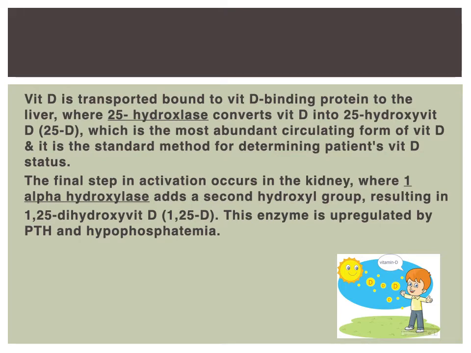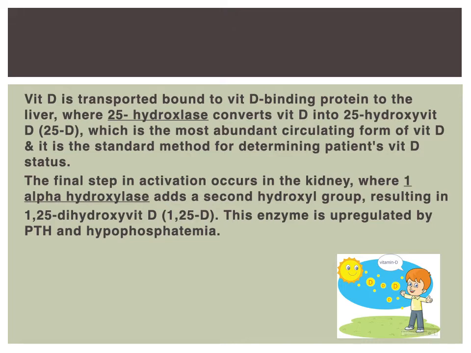At the liver, under the action of the enzyme called 25-hydroxylase, it will be converted to 25-hydroxyvitamin D. This form of vitamin D is the most abundant circulating form of vitamin D. It is the standard method for determining the vitamin D status of the patient.